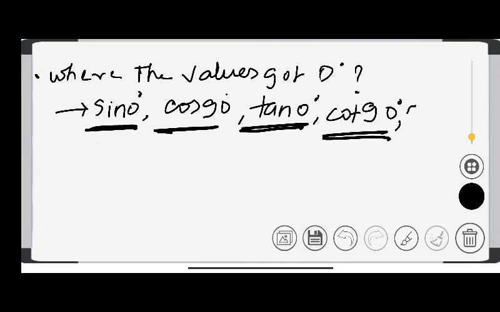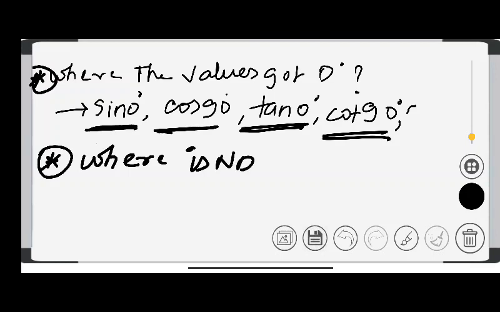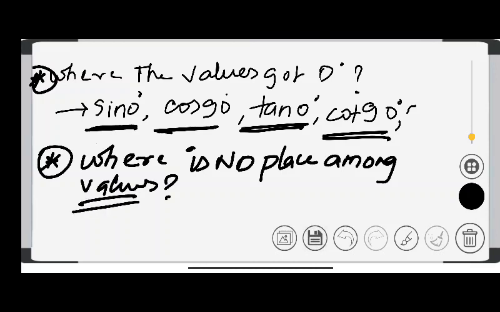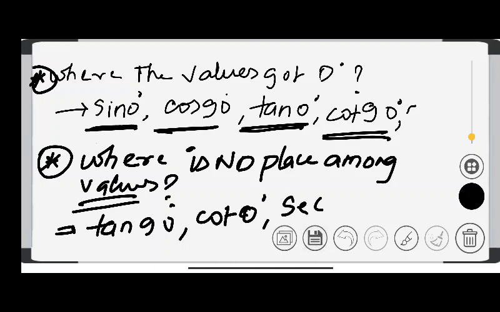So if I ask you where not defined is placed in the table among the values, I found tan 90 degree not defined, cot 0 degree not defined, sec 90 degree not defined, and cosec 0 degree is not defined.